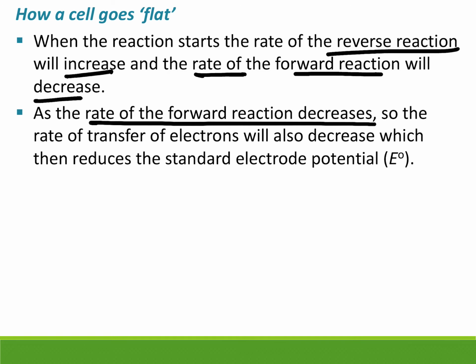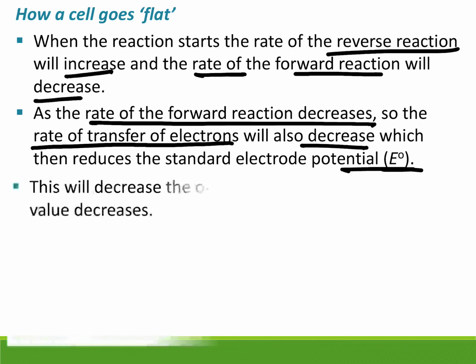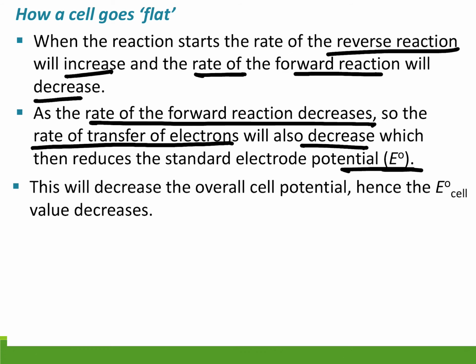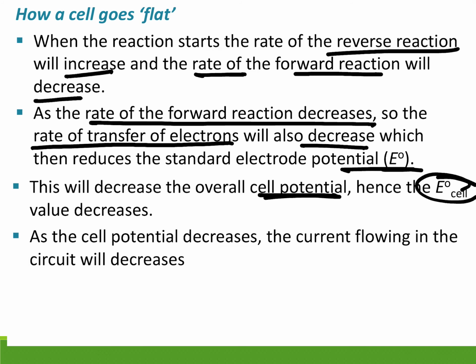As the forward reaction decreases, the rate of the transfer of electrons also decreases, so the E potential goes smaller and smaller. This decrease will decrease the E cell. Straightforward, nothing difficult. As the cell potential decreases, so does the current. They go together.